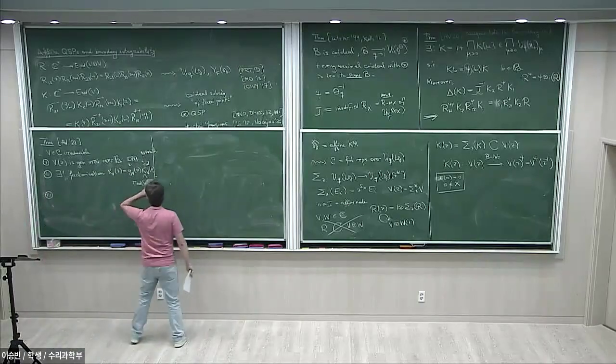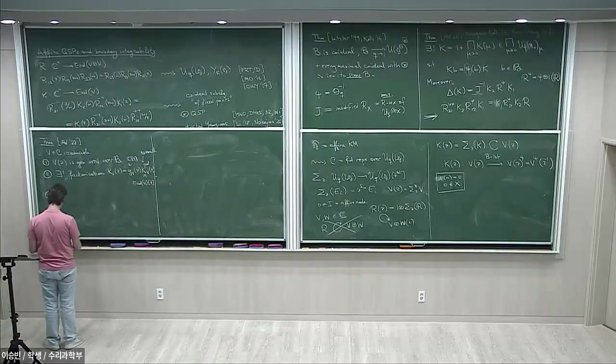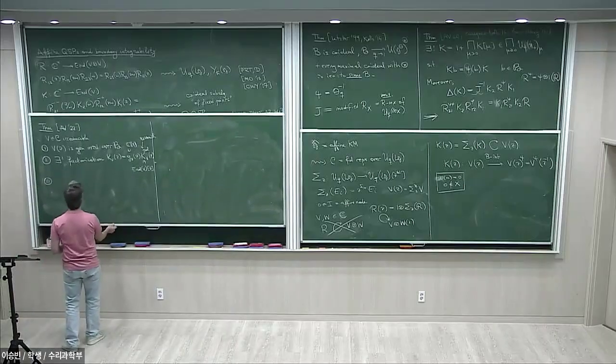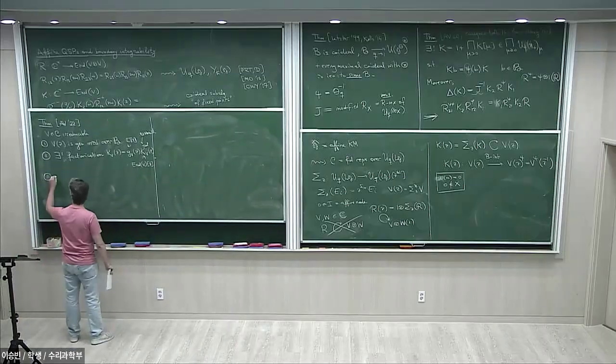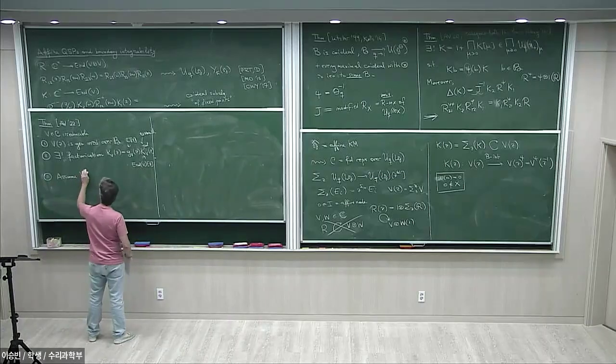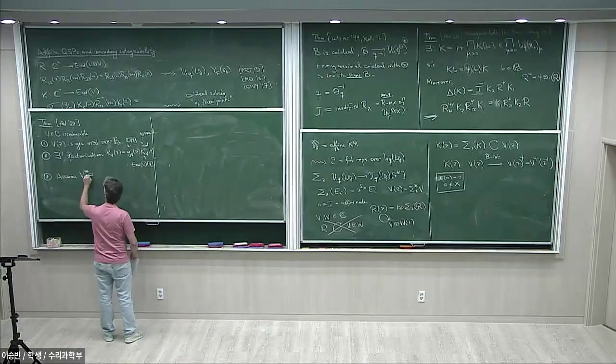So in fact, this is not particularly enlightening, but there is something more precise that we can do. And so we have an assumption, so assume that our irreducible has a behavior like that.